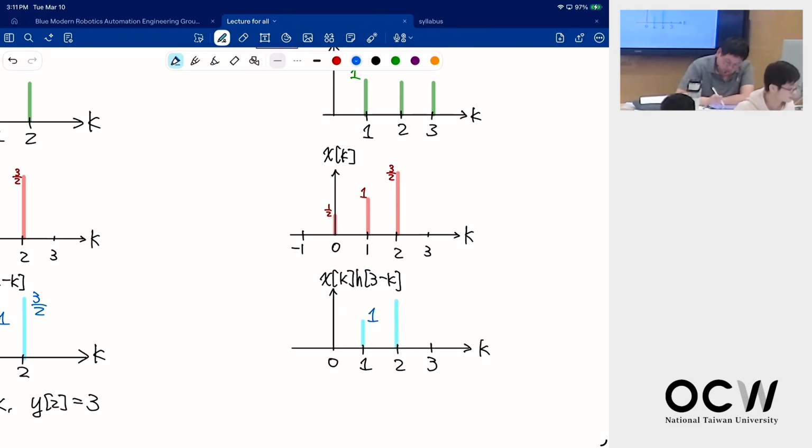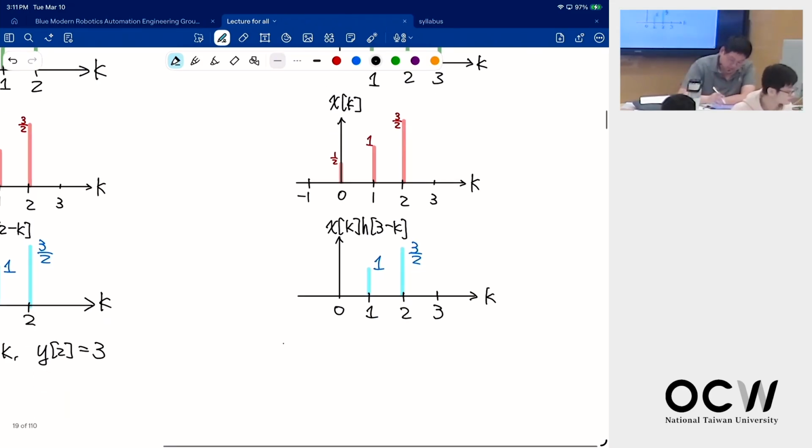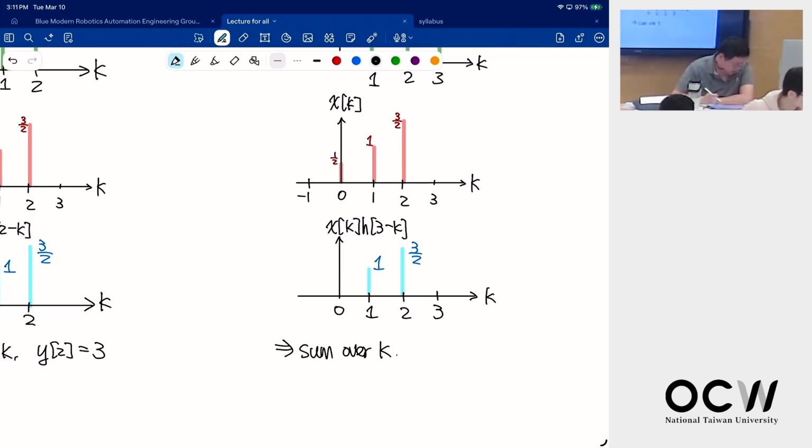So this is 1, this is 3 over 2. Then you sum over k, you get y3. That's 5 over 2.